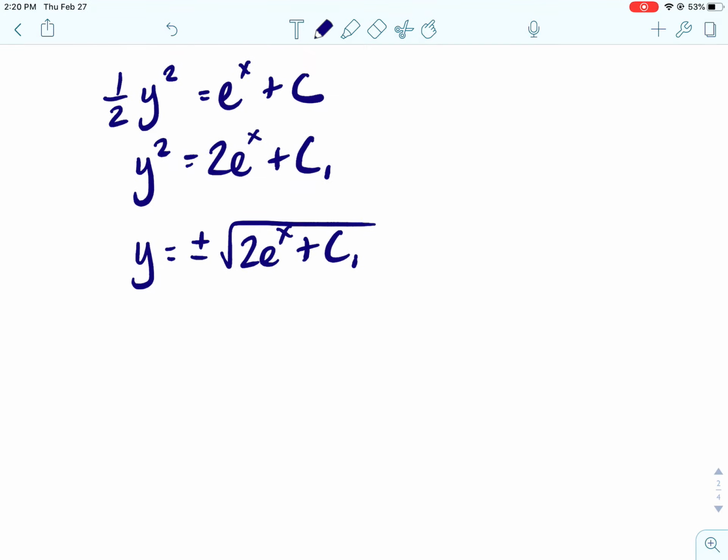And that should be it. You think it'll count off if you don't put positive and negative? Well, maybe. We're going to talk a lot more about this tomorrow. When this goes to a certain point, it will either be the positive square root or the negative square root, depending on where the point is. So most likely it will have to be one or the other, and they will take off if you don't use the right one.